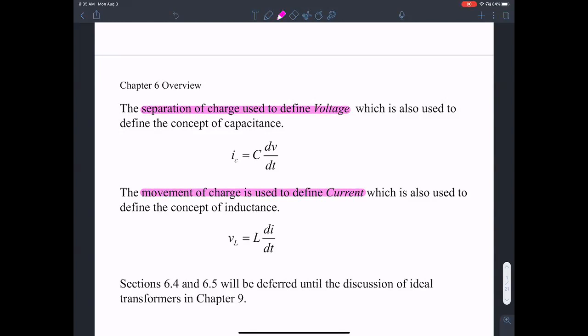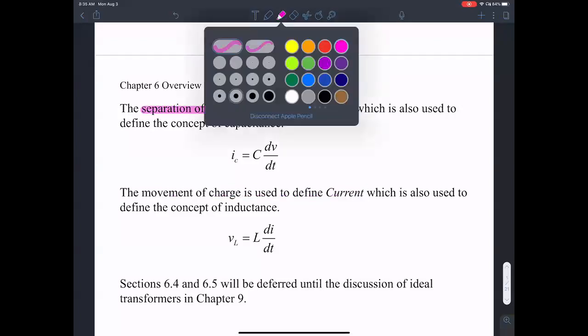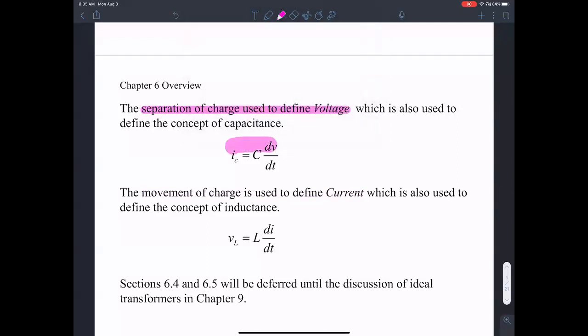When charge is moving, that leads to current. When charges are separated, that leads to potential difference or voltage. We're going to look at a different manifestation of charge now. When charge is separated, that leads to the idea of capacitance. Separation of charges leads to capacitance.